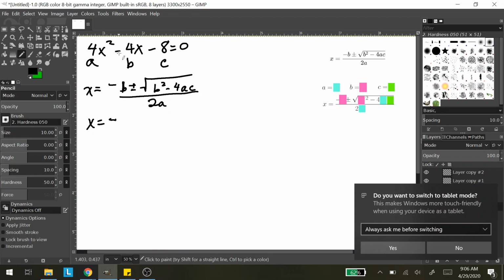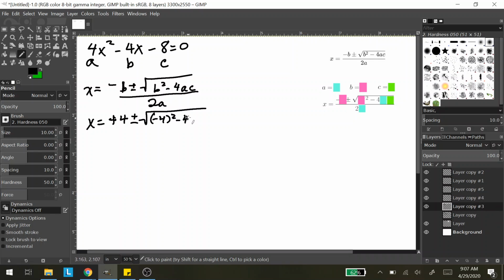The opposite of B. Well, the opposite of a negative is a positive. Plus or minus the square root. A is 4, C is negative 8, all over 2A.